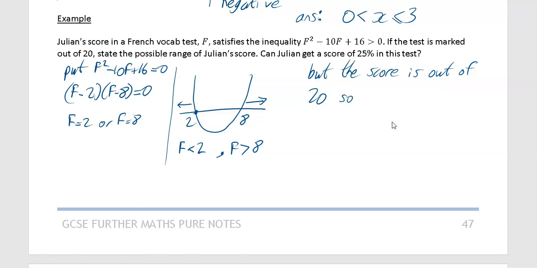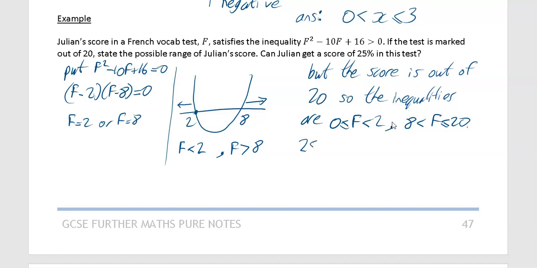So the inequalities are: he can get 0, which is less than 2, all the way up to 2, and then he can get 8 upwards, which is 8 is less than f is less than or equal to 20. And just say 25% would be f equals 5, so not possible.